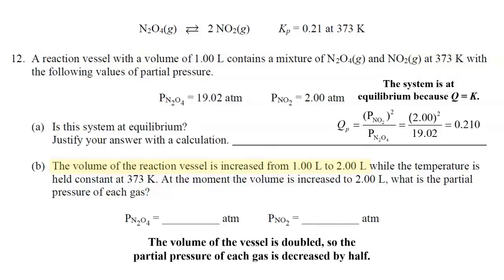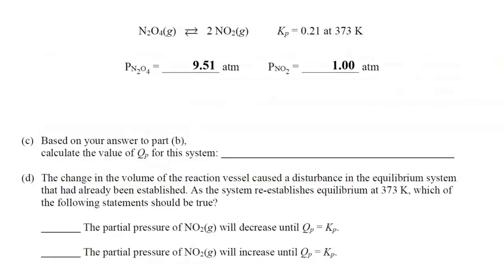So when the volume of the vessel is doubled, the partial pressure of each gas is decreased by half. So 19.02 divided by 2 is 9.51, and obviously 2 divided by 2 is 1. So these are the new pressures at the moment that the stress occurred.